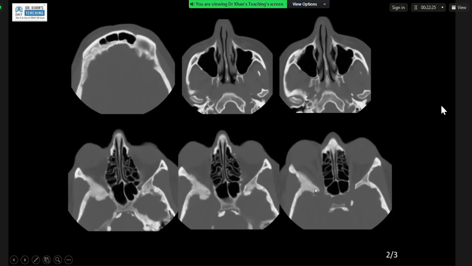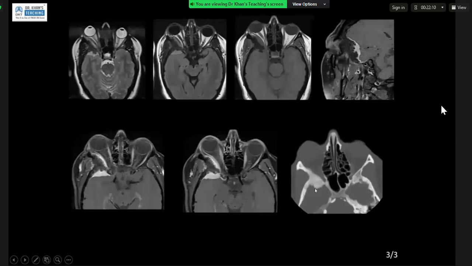This would represent hyperostosis, so this could be related to a plaque meningioma. So it's something that I would like to have a brain window to evaluate further.